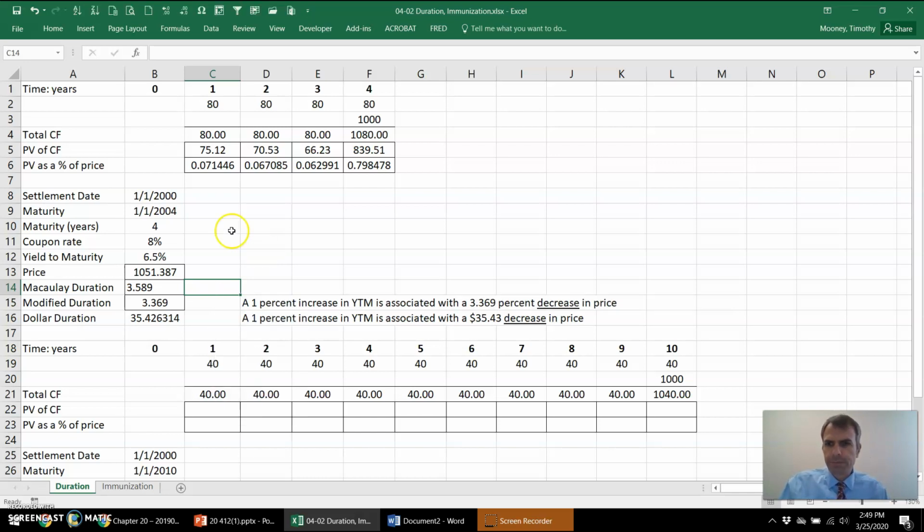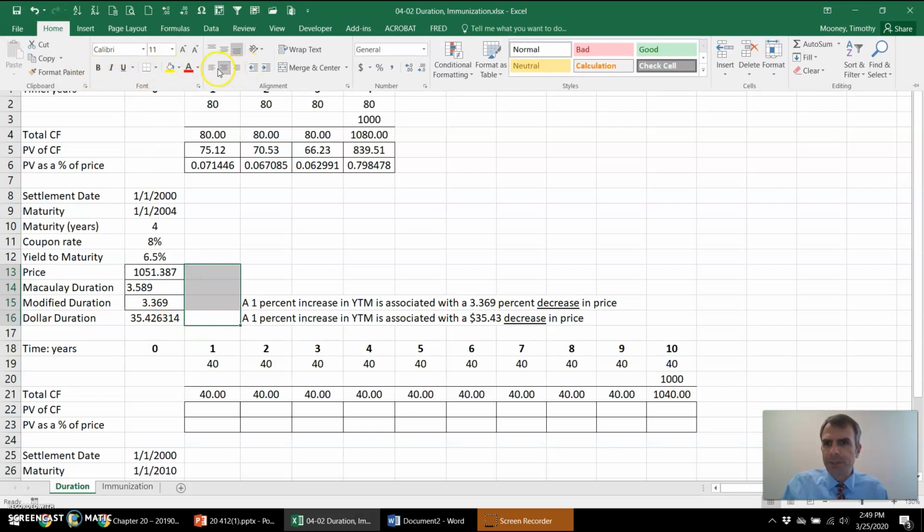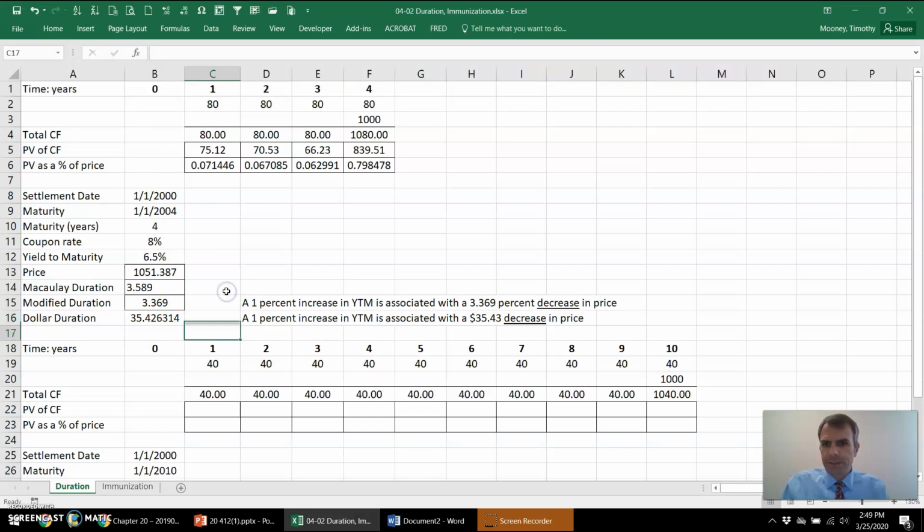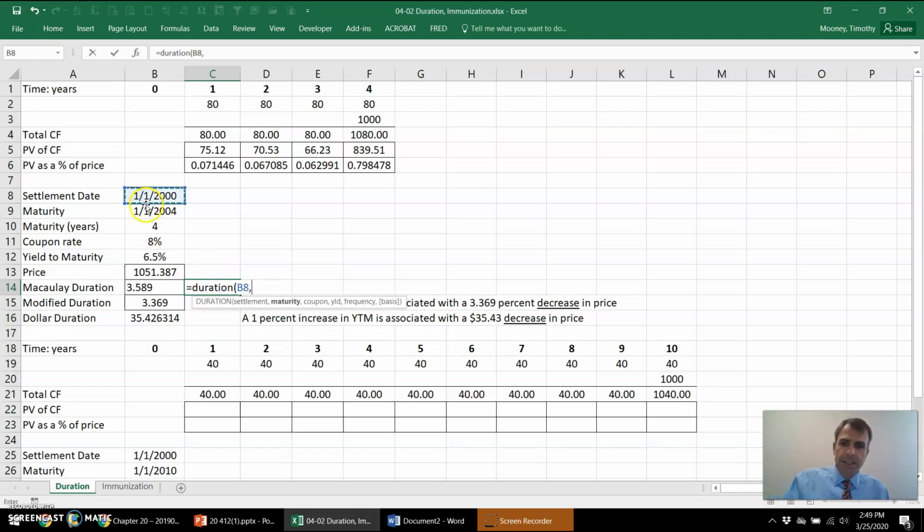Equals DURATION. Let me just align this stuff left so that the text shows up a little bit easier. You don't have to do this. It takes as its arguments the settlement date, comma, and then the maturity date. For a 4-year bond, I just put 2 dates 4 years apart. I like putting January 1st just for illustrative purposes. It's easy to understand.